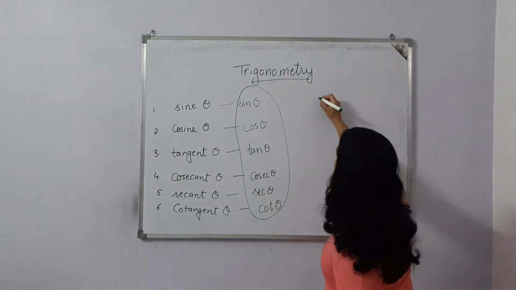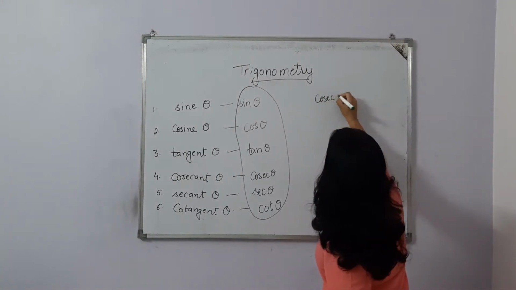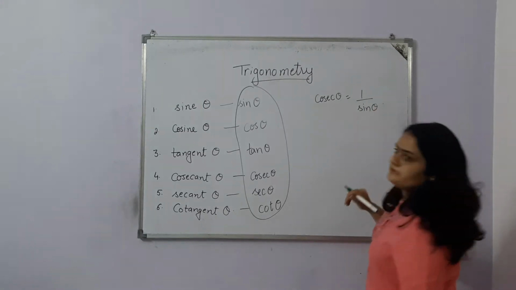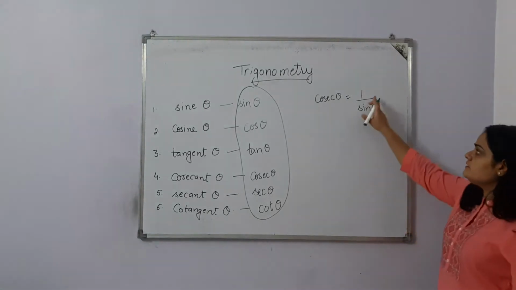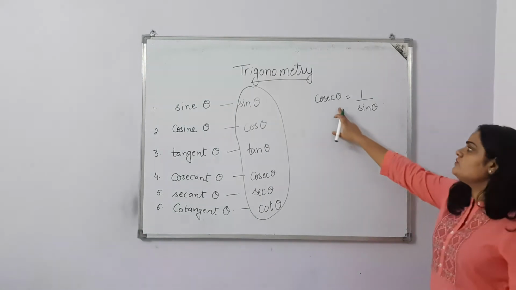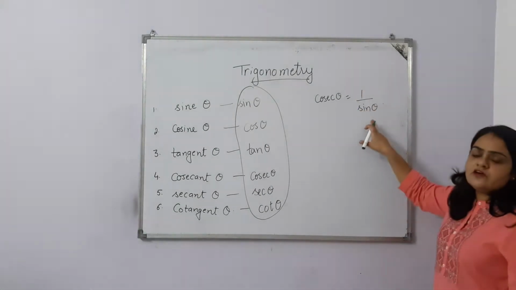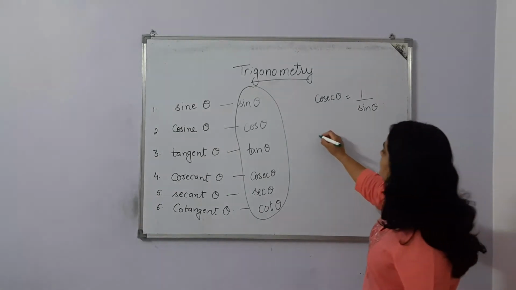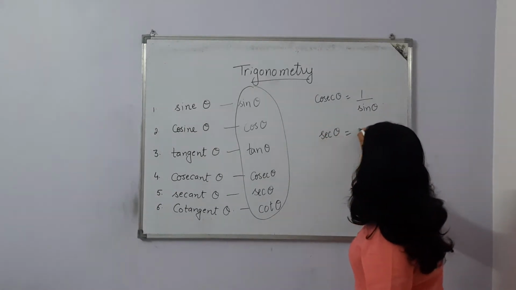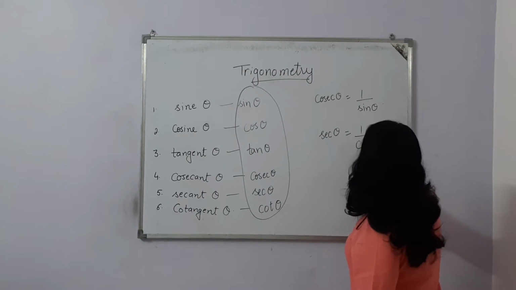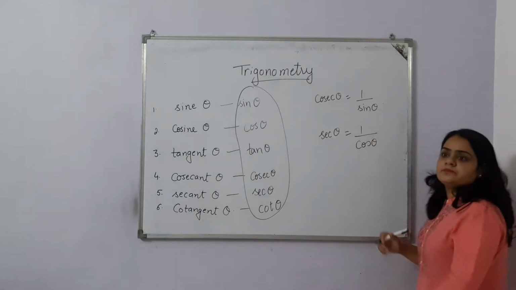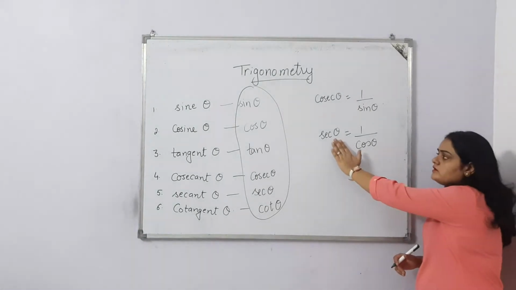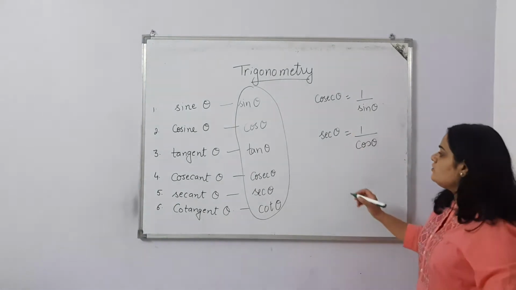Now, cosec theta is the reciprocal of sine theta. That means cosec theta is equal to 1 by sine theta, or we can write sine theta is equal to 1 by cosec theta. Then sec theta is the reciprocal of cos theta. So we can write cos theta is equal to 1 by secant theta, or secant theta is equal to 1 by cos theta.